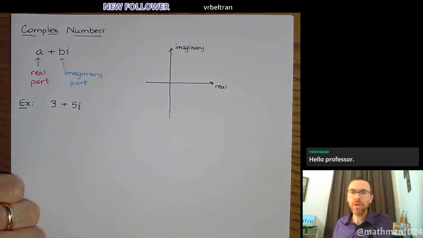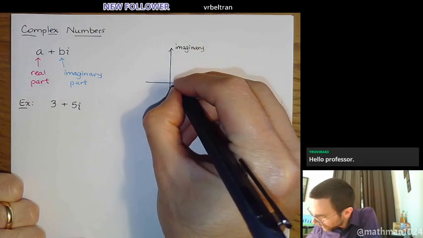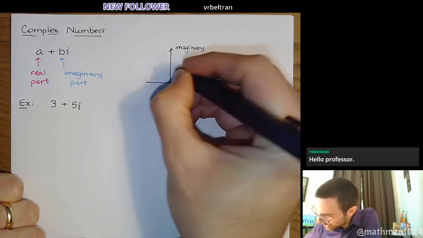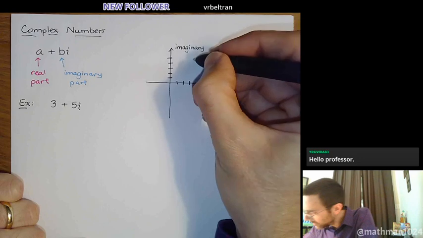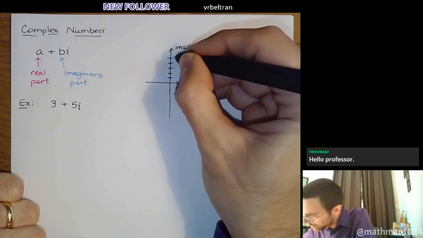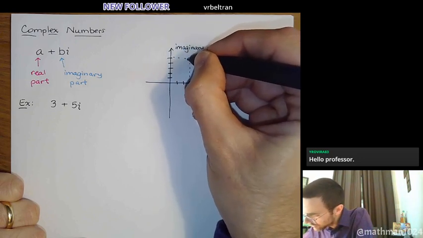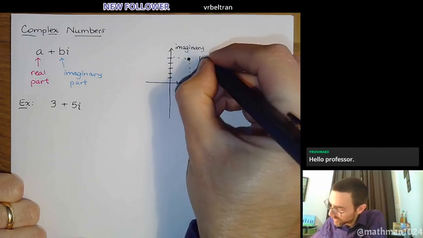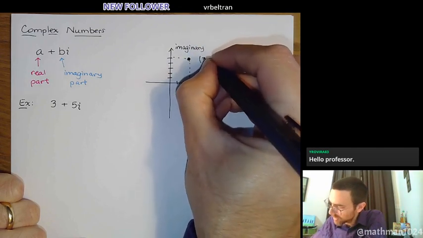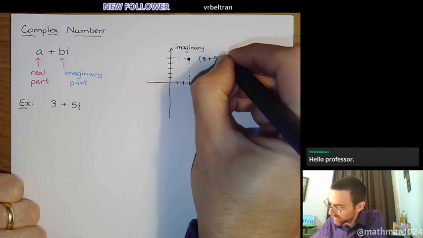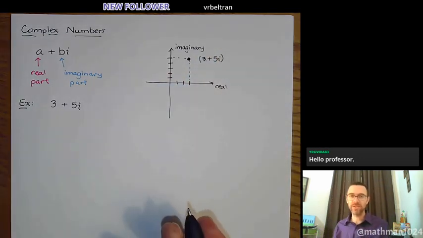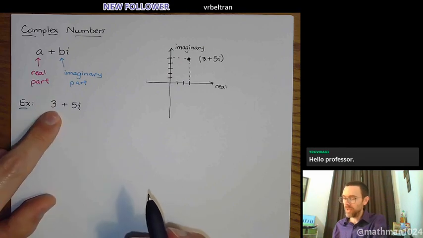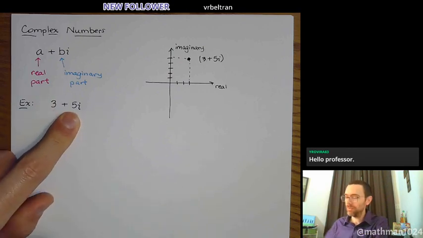So if I want to plot 3 plus 5i, that's 3 in the real direction, 5 in the imaginary direction, and you would just line it up like that. And so this is the number 3 plus 5i. Really, you're looking at that as an ordered pair: 3 for the x, 5 for the y, and you mark your point.